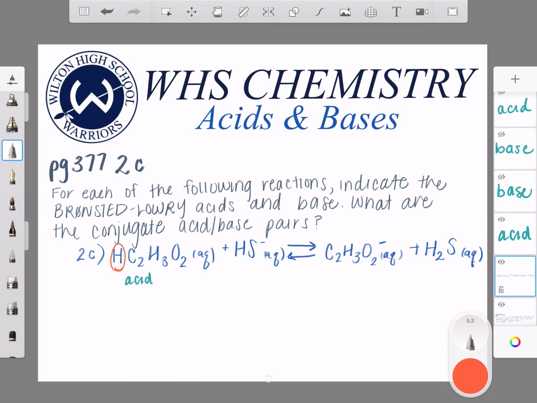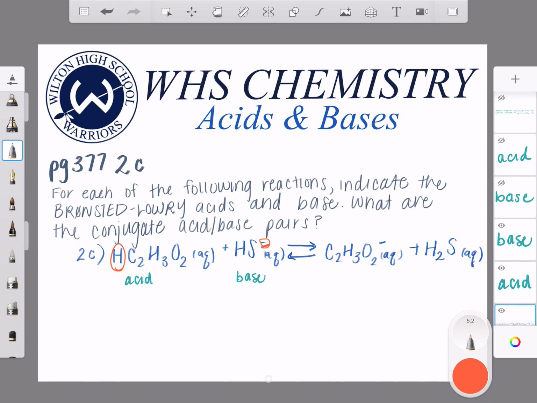And then next we have HS minus, and this would be a Bronsted-Lowry base because it has the ability to accept another hydrogen ion because of this charge right here, and the fact that a hydrogen has a +1 charge. It would be easily able to accept another hydrogen ion, so it's a Bronsted-Lowry base.